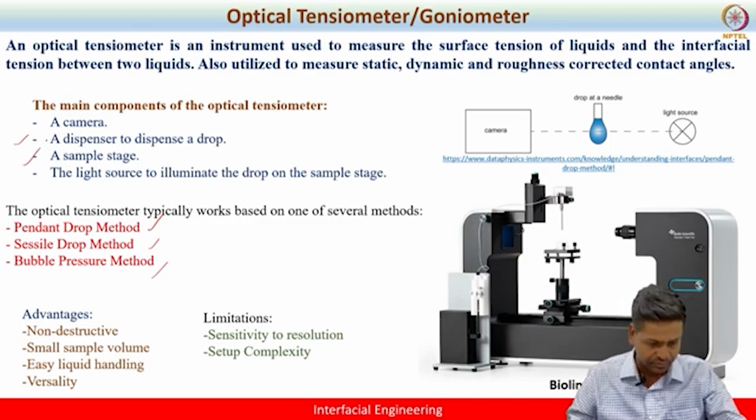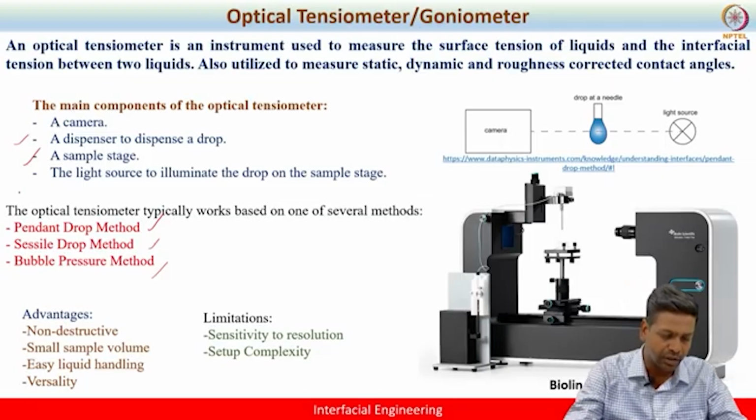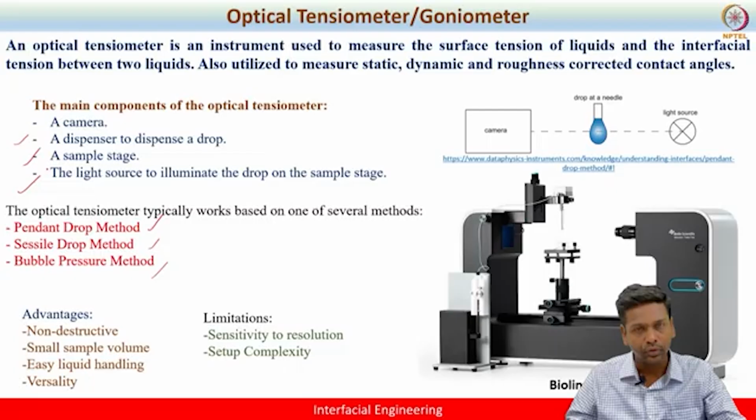Then you have a sample stage, which can be moved up and down manually or automatically. Then you have a light source, which helps to capture the droplet image on the sample stage.